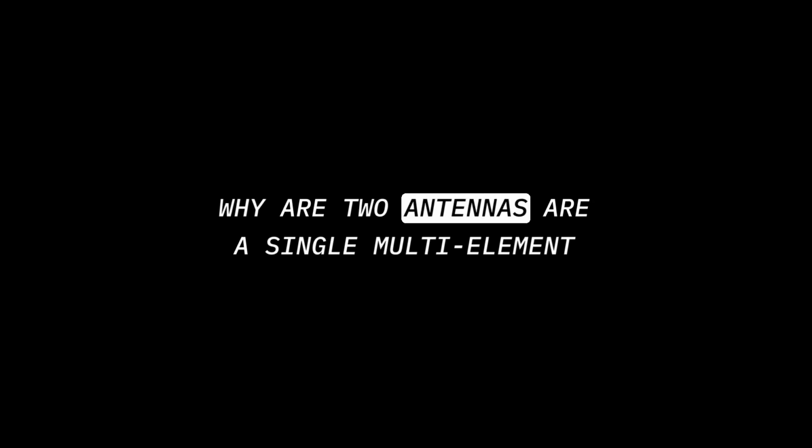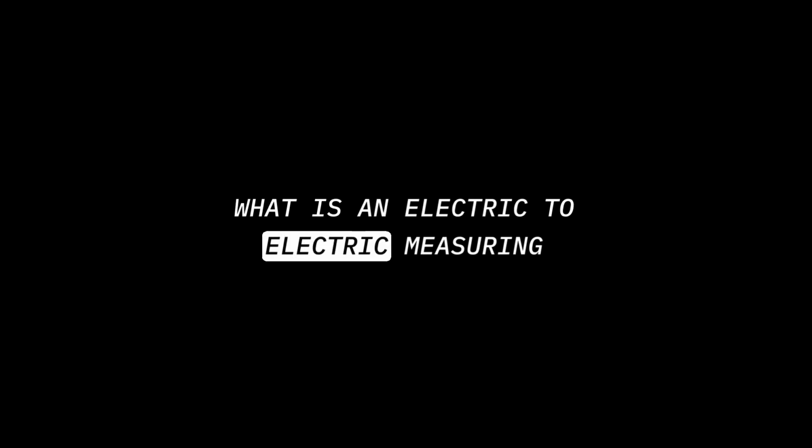Why are two antennas or a single multi-element antenna usually required for an ILS system? One is for the localizer and one is for the glide slope receivers. What drives a gyroscopic instrument? Vacuum or pressure.